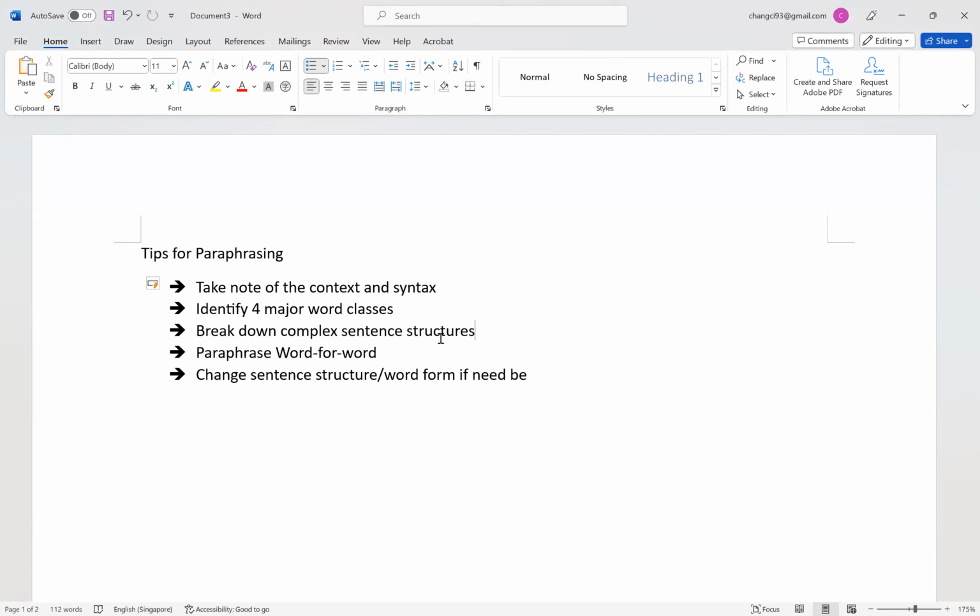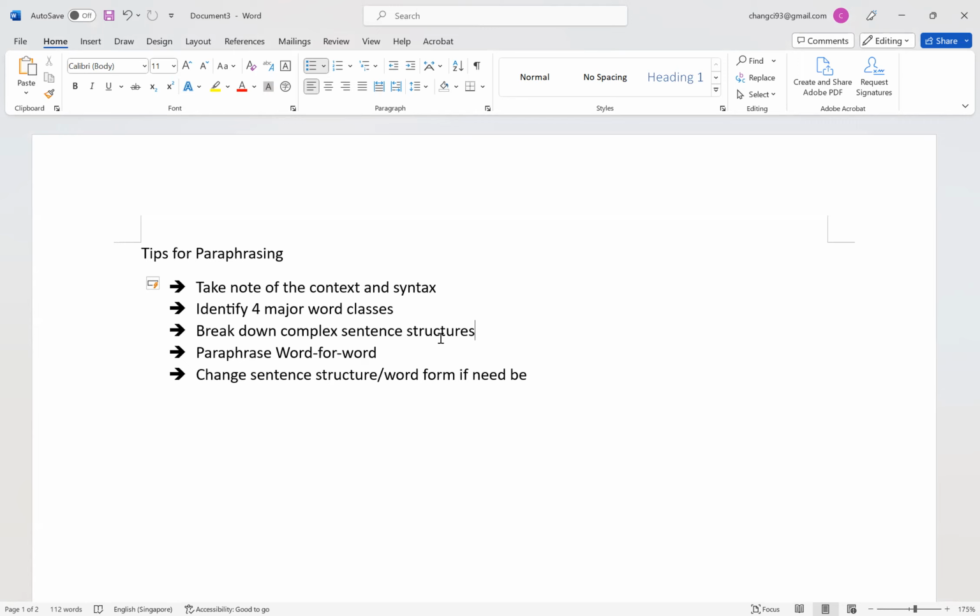How you want to break complex sentence structures down would be through using certain linking words or even phrases if you want to. Although for me personally, I tend to use word classes like conjunctions and prepositions to break up the ideas, as well as using punctuation.